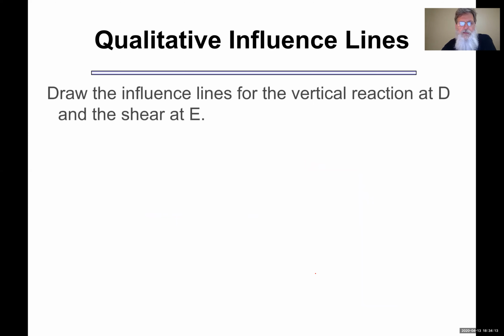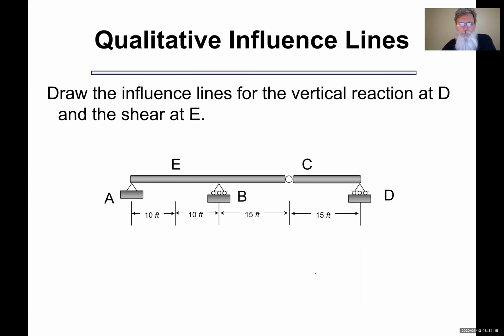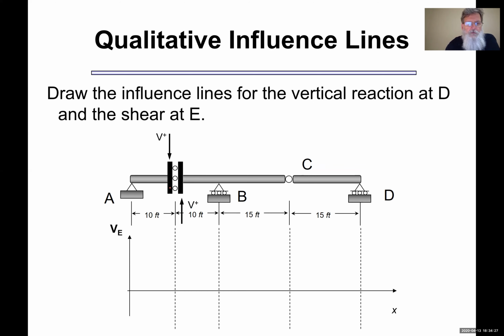What about the shear at E? Well, I'll use my neat little shearless connector and apply positive shear left, positive shear right. And then what am I going to get? Well, this side's going to go down, this side's going to go up.